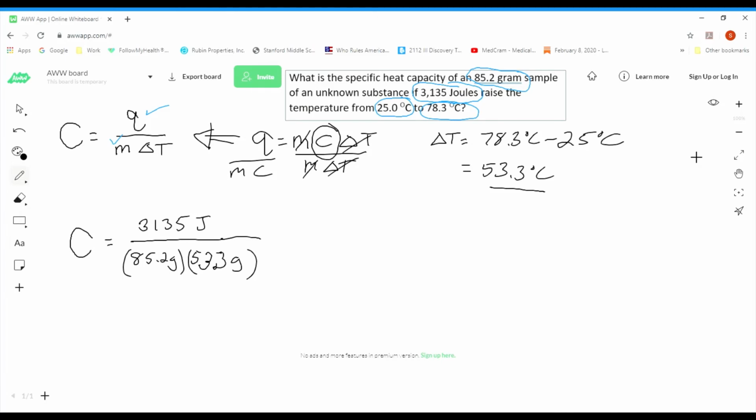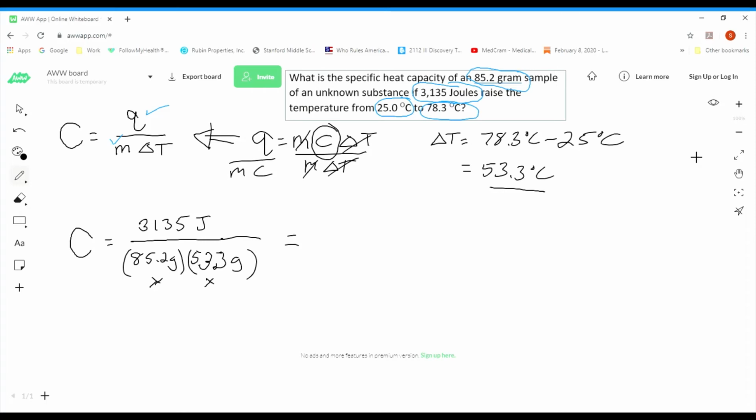Once again, you can do these calculations in different ways. You could multiply the 85.2 by 53.3 first, and then divide 3135 by whatever you get in the denominator. Or the way I like to do it is to divide by everything in the denominator individually.